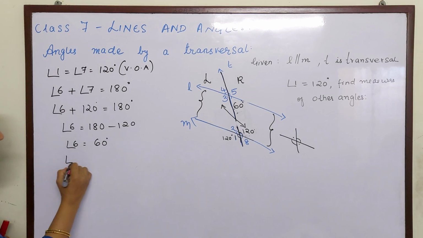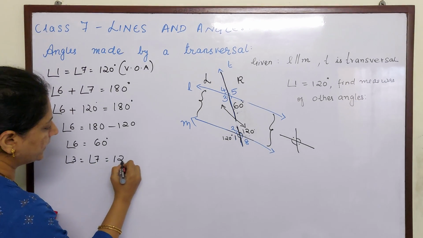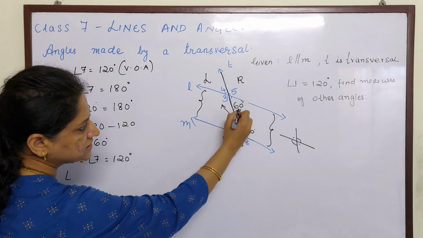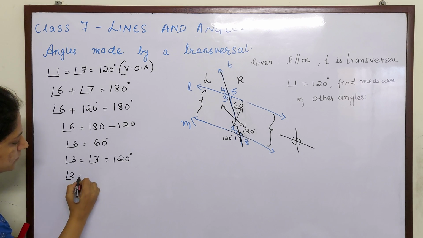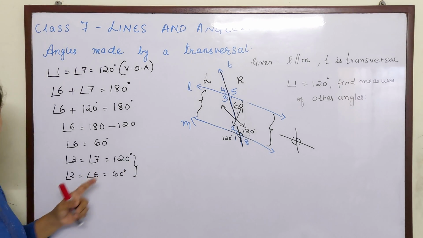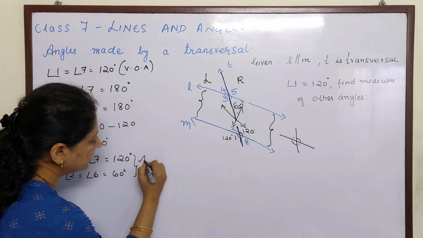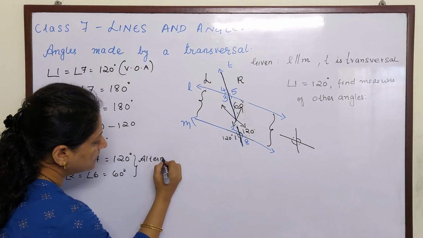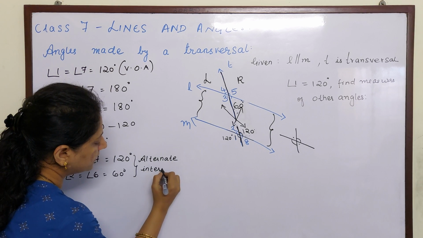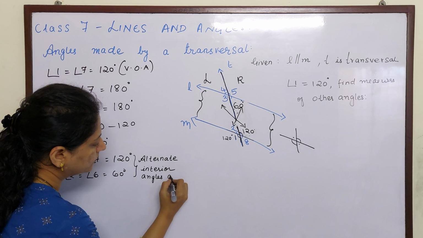So angle 3 is equal to angle 7, which is 120 degrees, and angle 2 is equal to 60 degrees. That is, angle 2 is equal to angle 6 is equal to 60 degrees. And for both of these, the reason is alternate interior angles are equal because they form a crisscross sign. So alternate interior angles are equal.